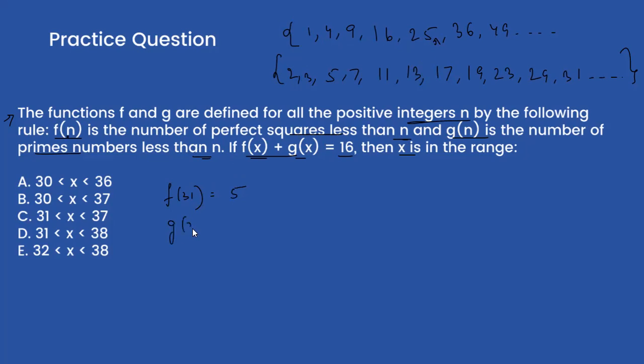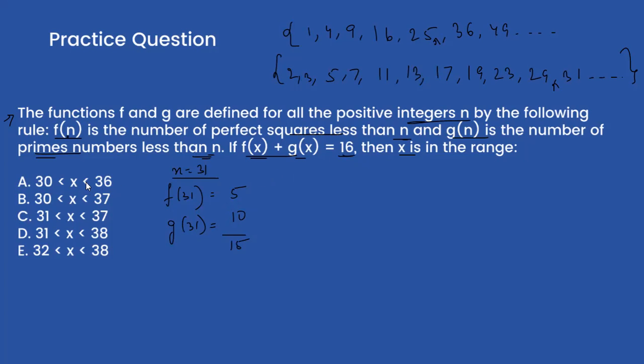Next is g(31), the number of the primes that are less than 31. So less than 31 comes till this point. How many prime numbers are less than 31? It starts with 2, so 2, 4, 6, 8, and 10. Now f(x) plus g(x), when x is equal to 31, comes out to be 15. You require 16 to be the answer.